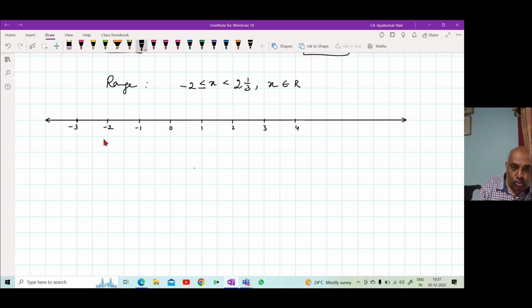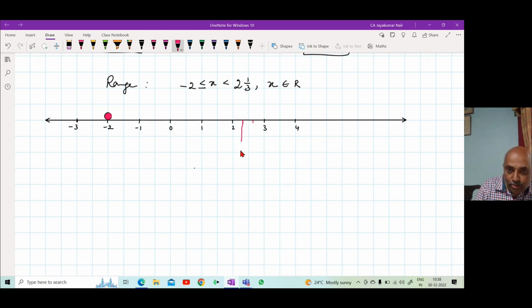So what we have to do, we have to write 2 1 over 3 now. At minus 2, you will darken this circle to indicate that minus 2 is included because there is greater than or equal to sign. This is 2 and 3 divided into 3 equal parts. So 1, 2, 3, 3 equal parts.